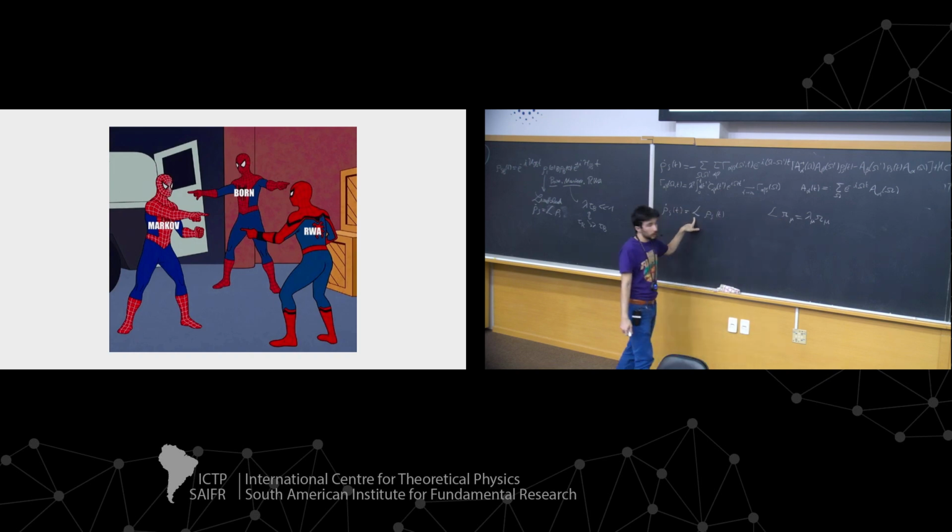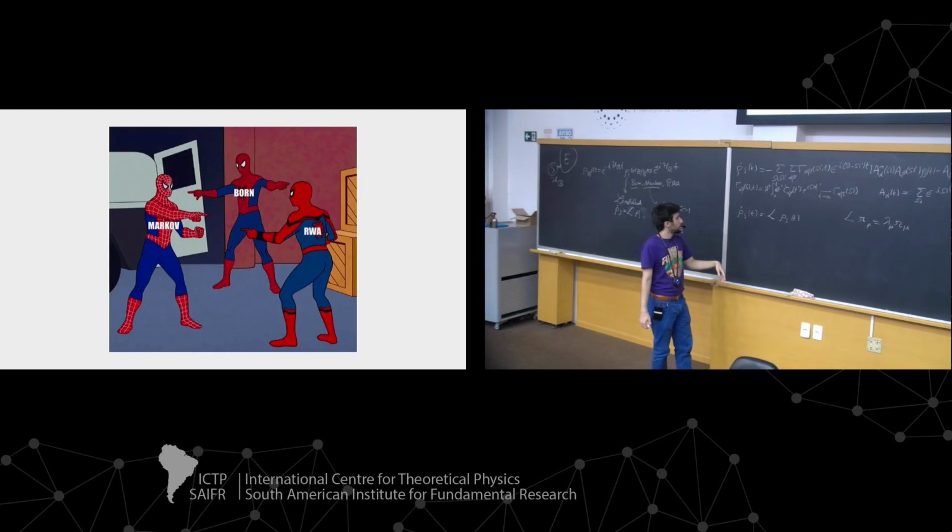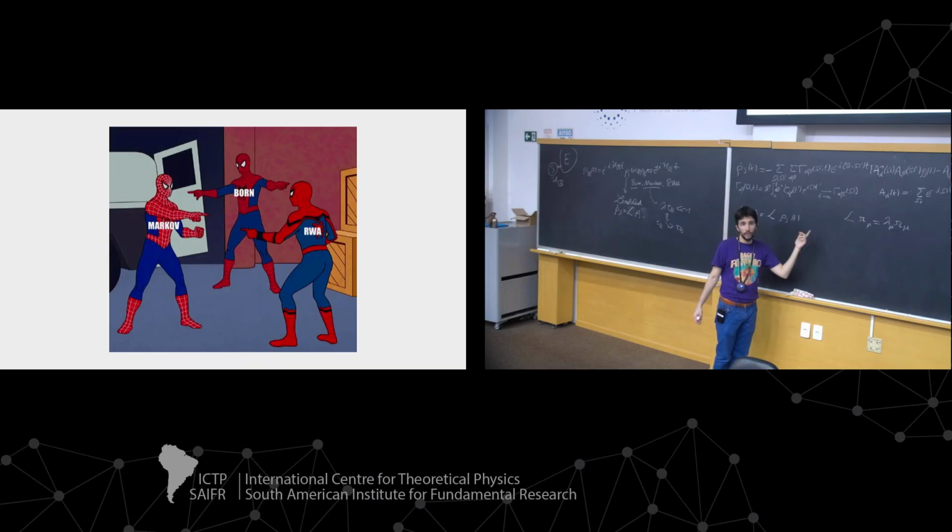This is not a Hamiltonian in the sense that, if you choose a basis for the Hilbert space and you write this down, you will find that this operator is not Hermitian.